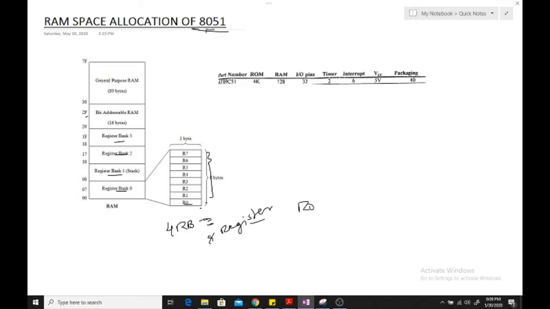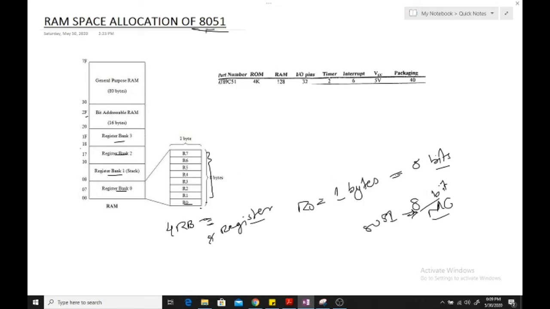Like if I talk about this R0 register, it contains 1 byte, which also means 8 bits, and from that I will tell you that the 8051 is an 8-bit microcontroller. It deals in 8 bits of data at a particular time.